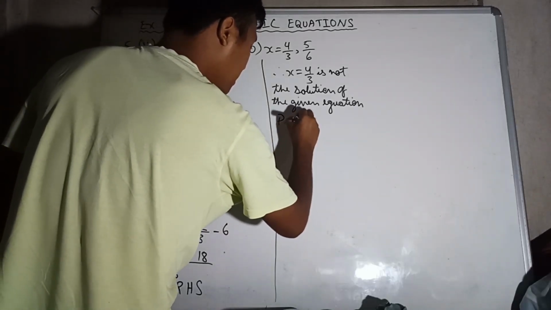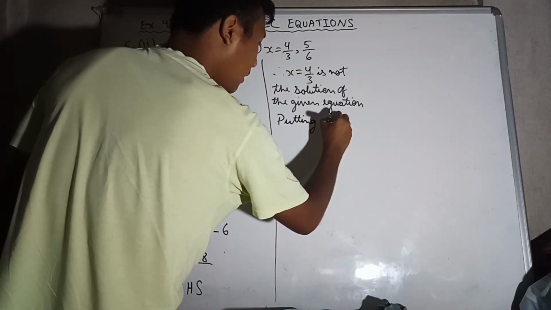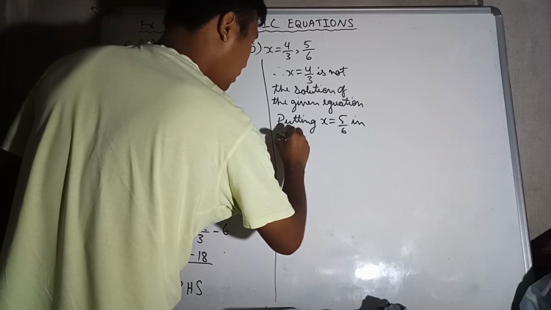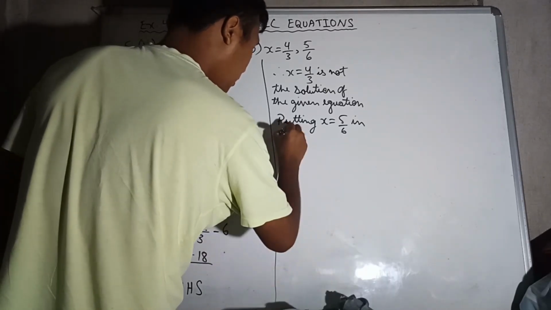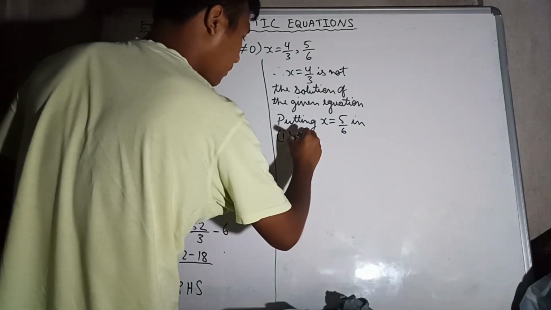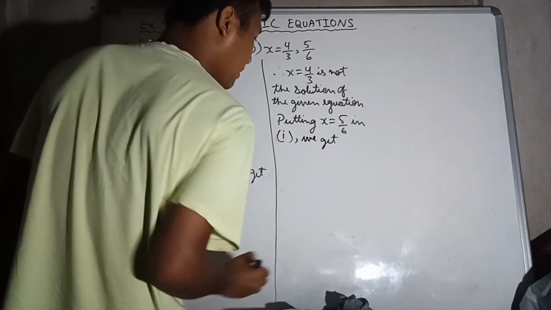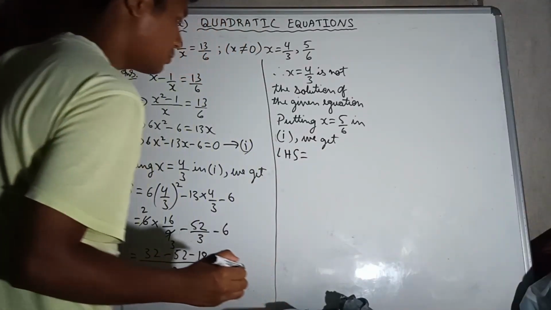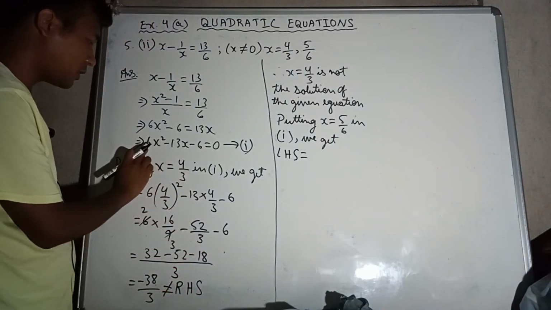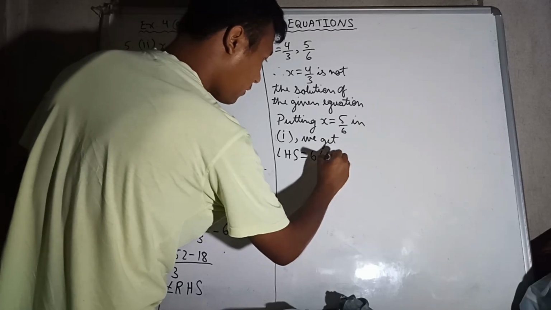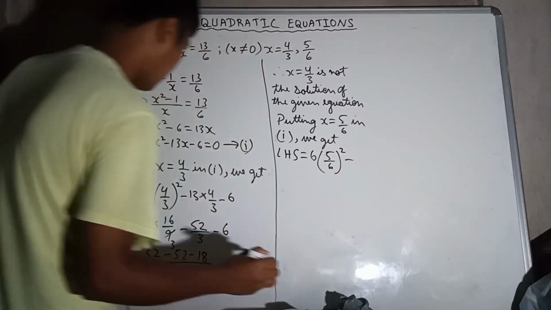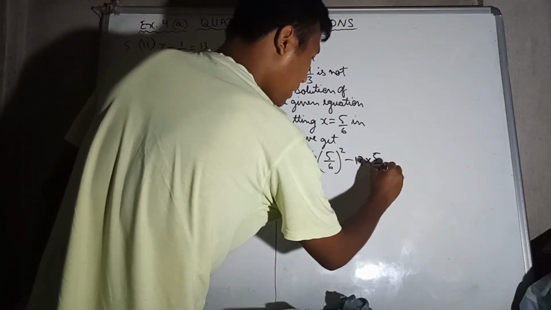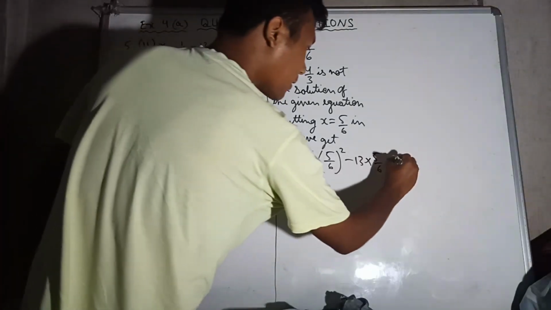Putting x is equal to 5 by 6 in equation 1, we get left hand side is equal to 6x square, that is 6 into (5 by 6) whole square, minus 13x, 13 into (5 by 6), minus 6.